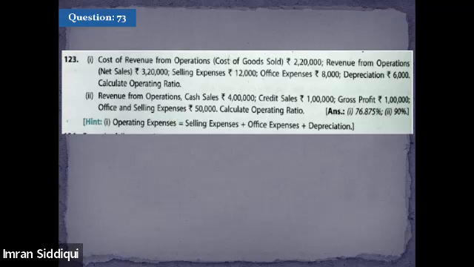You need to find out operating ratio, revenue from operation, cash sales, credit sales, gross profit 1 lakh, and office and selling expenses is there. Calculate operating ratio. So we have two cases. In both the cases, you need to figure out the operating ratio. What do you think? Do you think you'll be able to do it? Yes, sir. Start. Do it now.